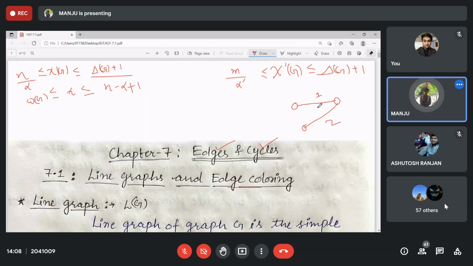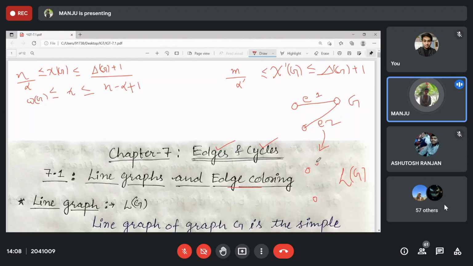Either we can assign colors to the edges of the graph G, or we can find one more graph in which these edges correspond to vertices. That graph is known as the line graph of G, and how is this formed? The edges of G become the vertices of the line graph L of G. Suppose this was E1 and this was E2.